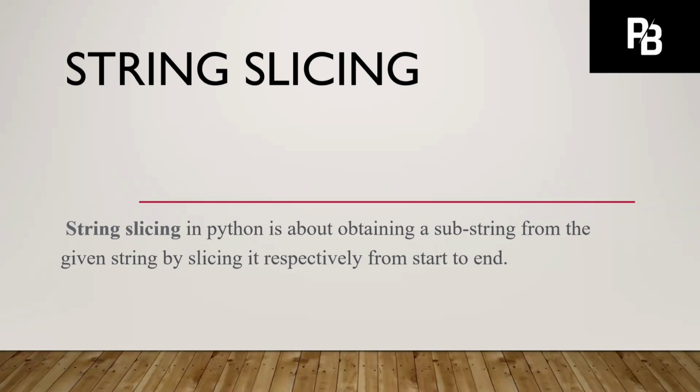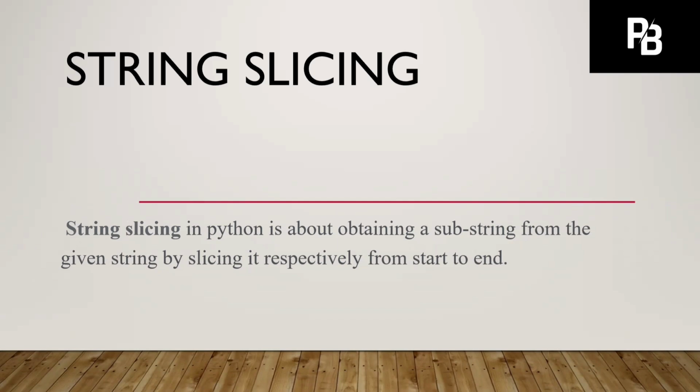What is string slicing? I already covered the basics of string slicing in my previous video, but in today's session we learn this topic in detail with the help of examples, and also learn how to solve string slicing questions.